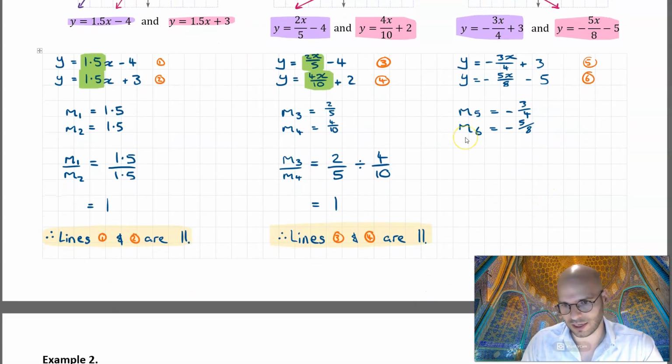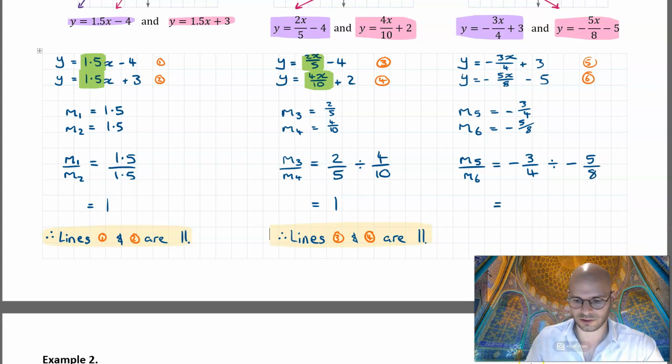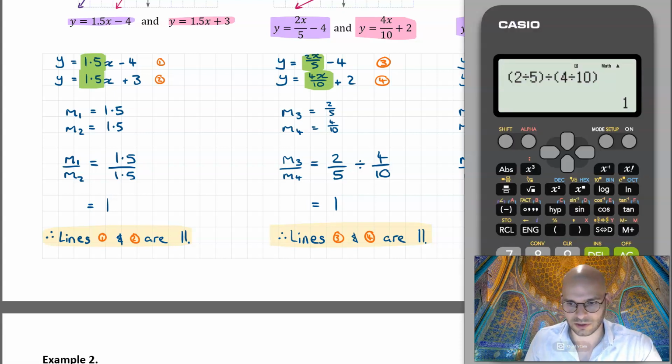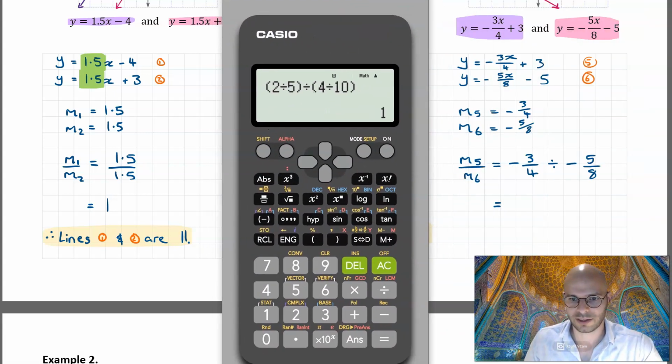Now checking whether they're parallel using the exact same method as every other time, we go m5 over m6. This will give us negative 3 over 4 divided by negative 5 over 8. Because this is looking even trickier, I'm going to do what I've done in every other example and use my calculator.